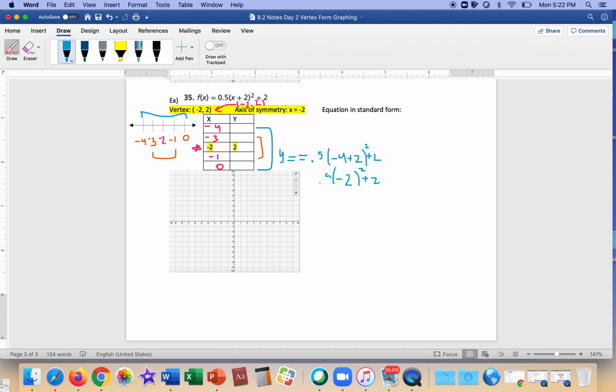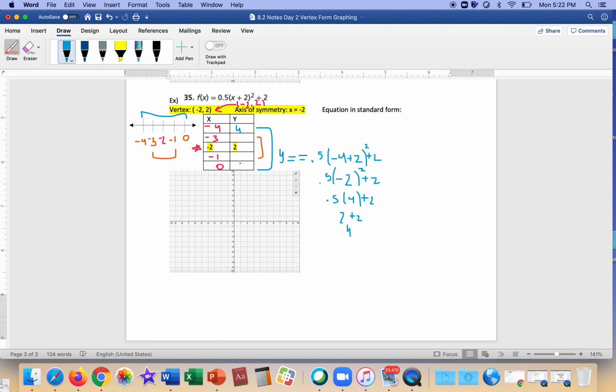You then raise to the power, so -2 squared is +4. After that, we multiply by what's in front. So 4 times 0.5, or 4 times 1/2 would be 2. And 2 plus 2 will get us 4. So if I plugged in -4 for x, my output was 4.